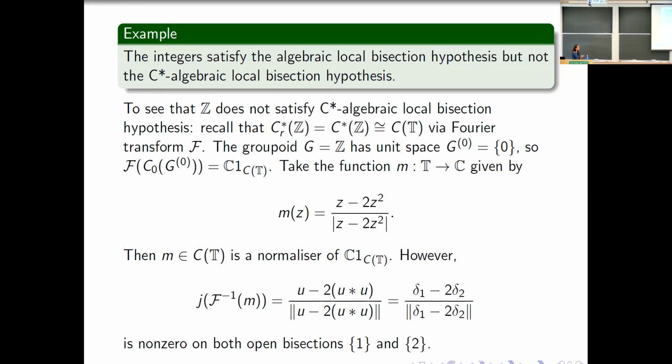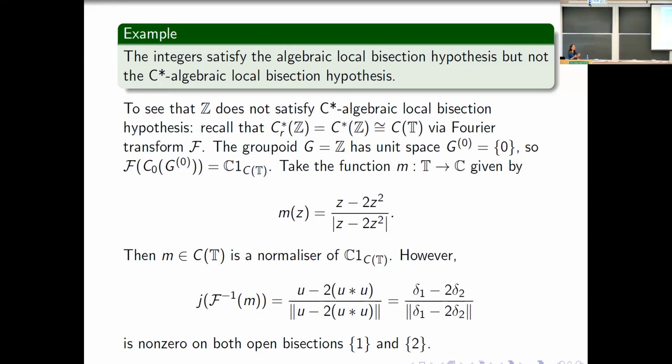Okay, yeah, and on the other hand, the set of integers will satisfy the algebraic one, simply because when we look into the Steinberg algebra of integers, this is just a linear span of the identity functions anyway, okay?